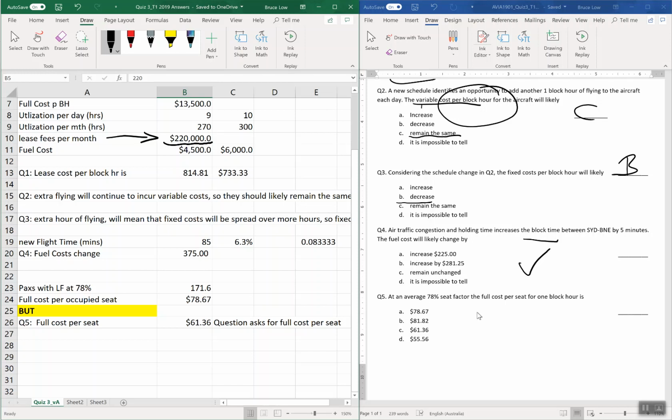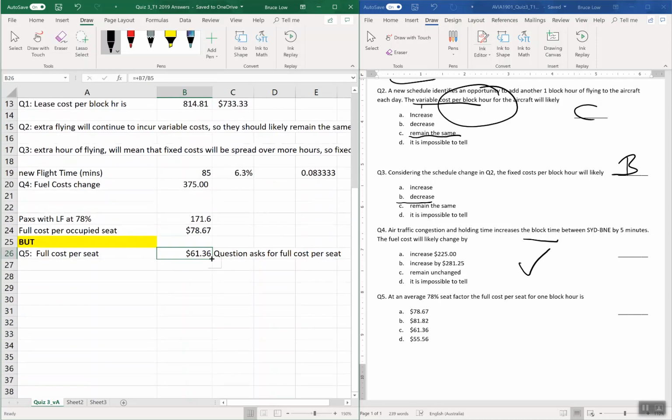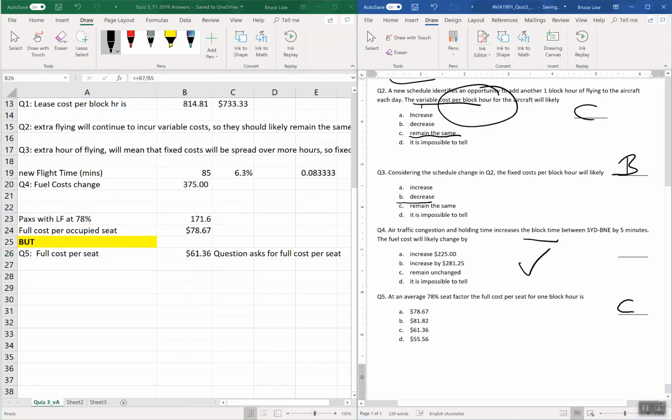That's just information you don't need. So basically, you just want to know the cost per seat, which is simply 13,500 divided by 220 seats, which gives you $61.36. And so the answer to this question is C. And that's it for quiz 3.